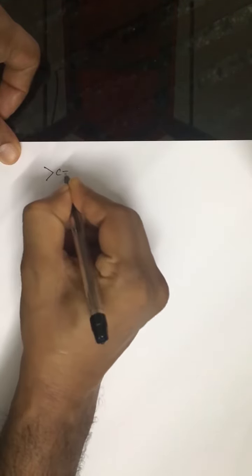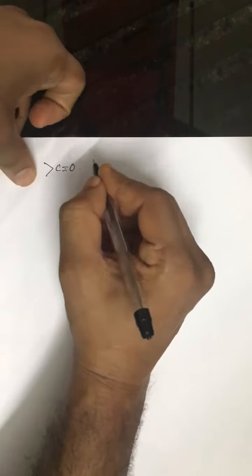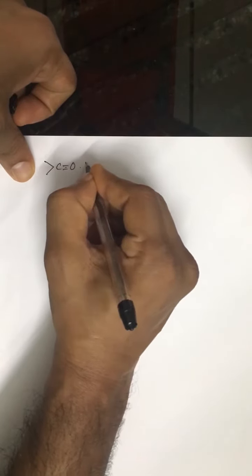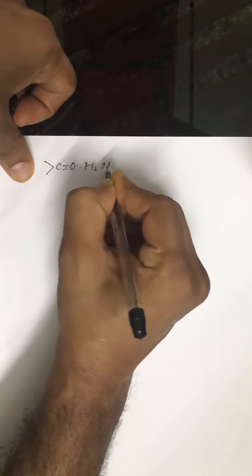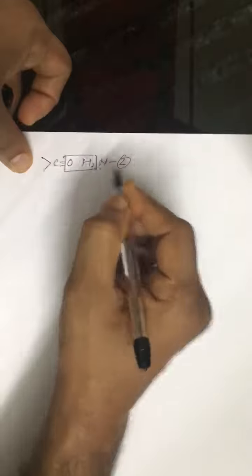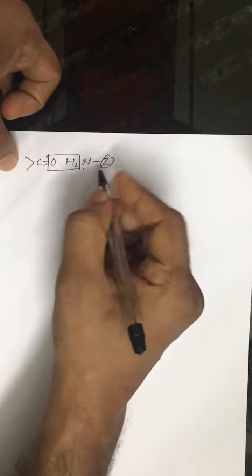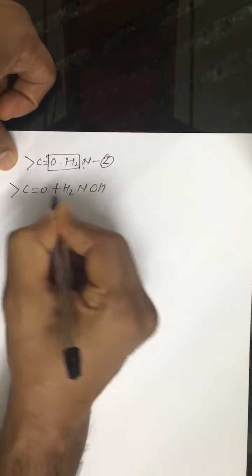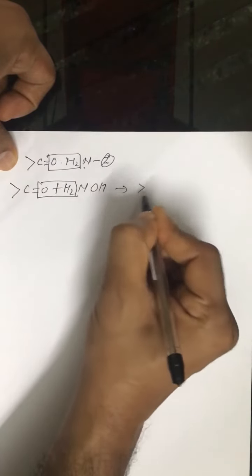Then we have carbonyl compounds with ammonia derivatives, like NH2Z. This can be hydroxylamine, NH2OH. If Z is an OH group, H2NOH, the product is oxime.